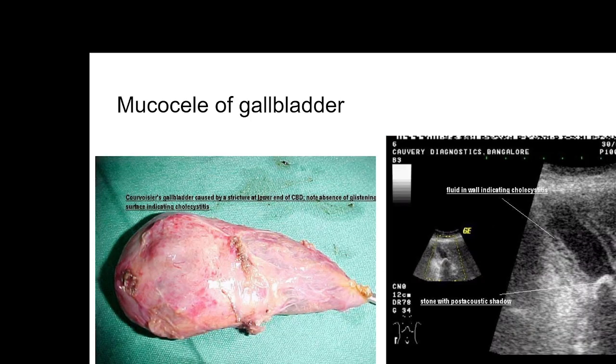Whereas mucocele is another of the complications, where after the antibiotics are administered, the pus may not be formed, but the sterile bile may get retained between the submucous and mucous area, and the whole gallbladder may become distended.